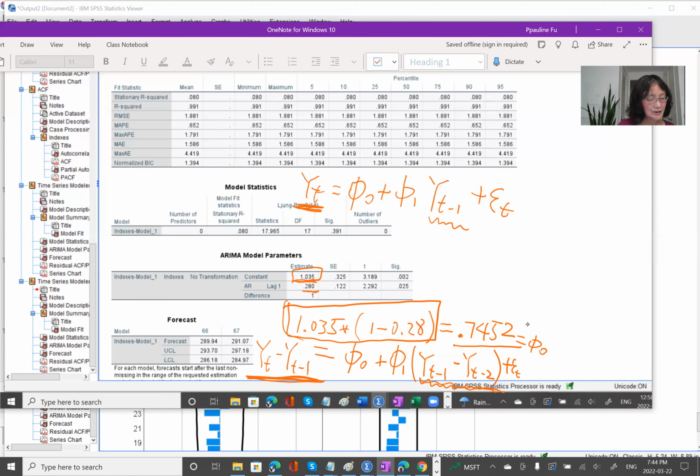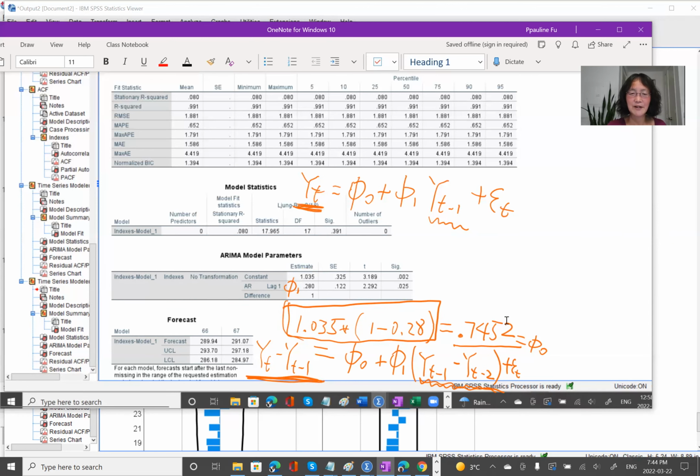All right, so this is our model. Once you plug in phi 0, 0.7452, and phi 1, 0.280. But 1.035 is not phi 0.